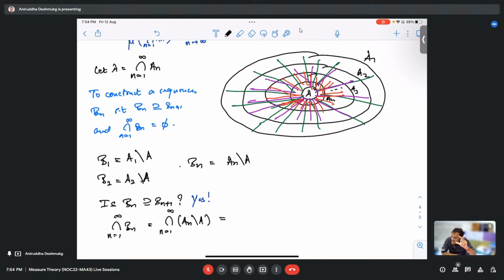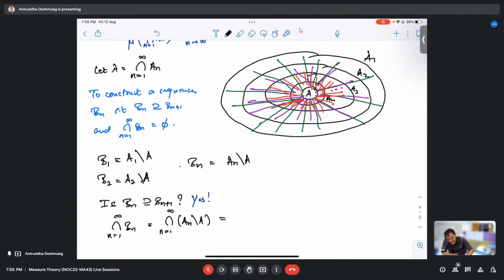Okay, can you just expand A and A difference A for me? Yes, I think it tends to empty, right?